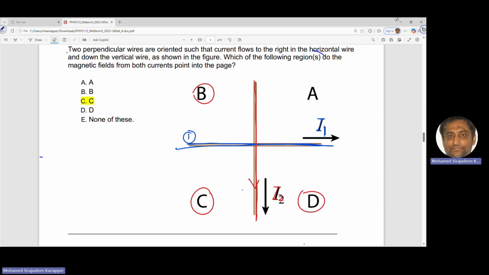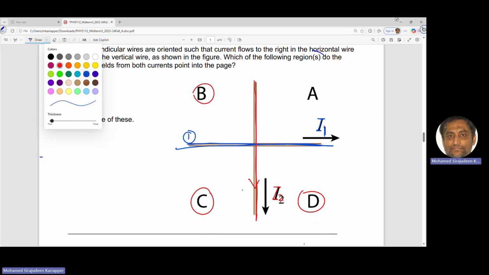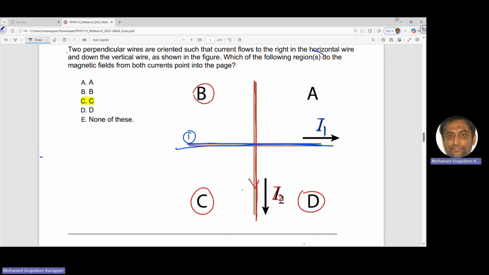In region A, I'm going to find the direction of the magnetic field from wire 1. Can you tell me the answer? This is wire 1, and the field will be circles around this wire. This is the plane I'm talking about.